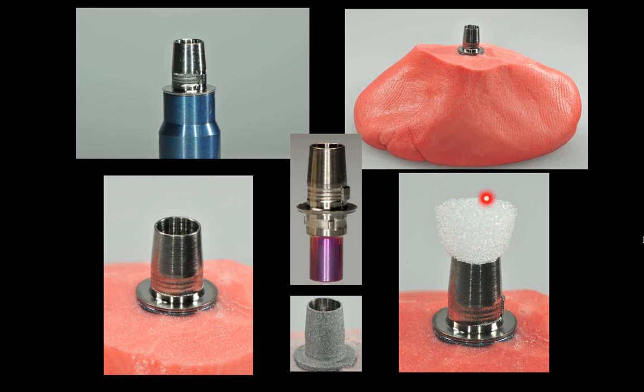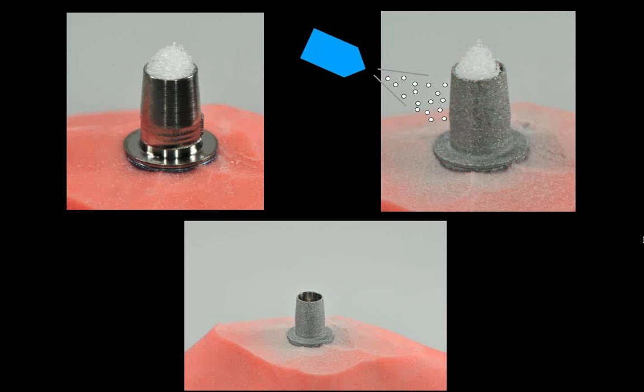Then I put a little piece of foam into here, and now I can sandblast this whole thing. I sandblast it with 250 microns, and by putting in this putty material, I don't hurt the underneath side, or the connecting side, of this abutment.